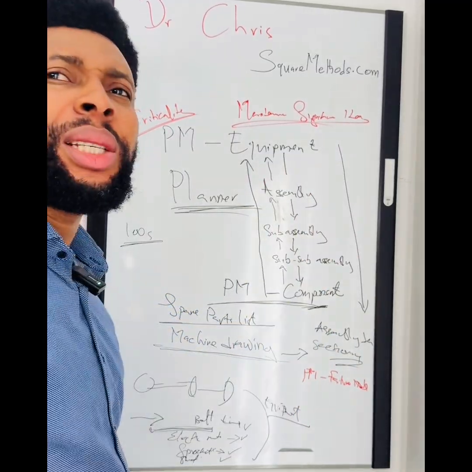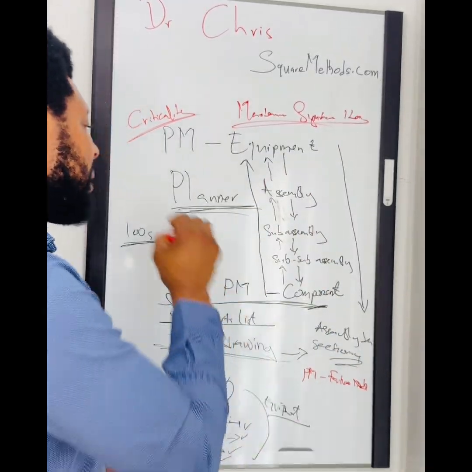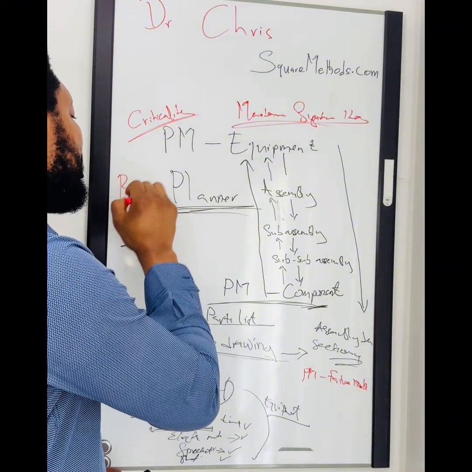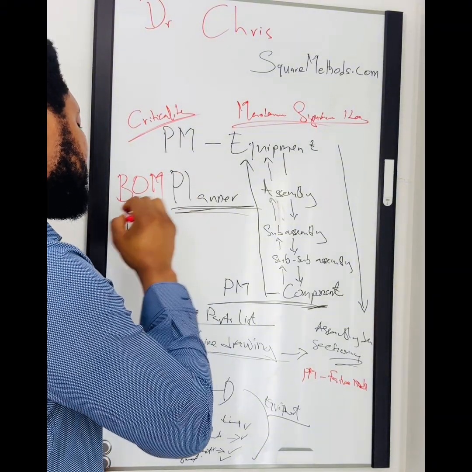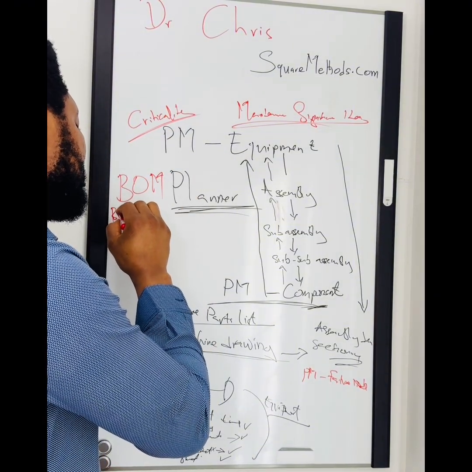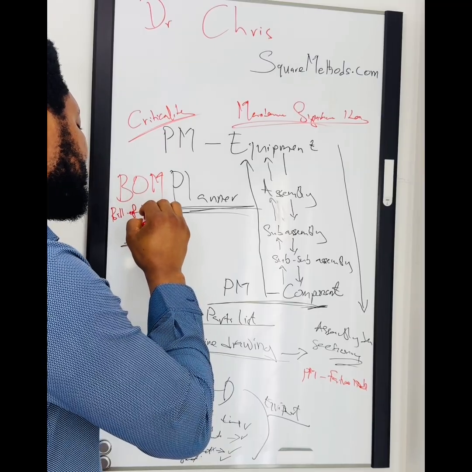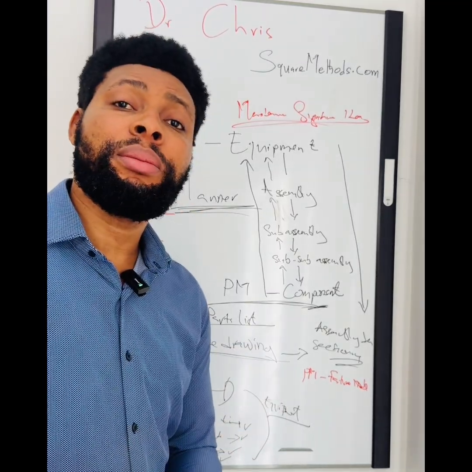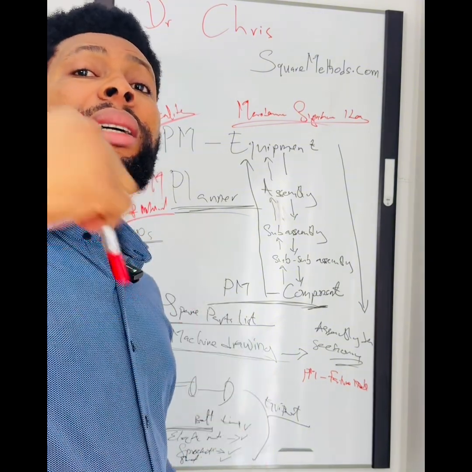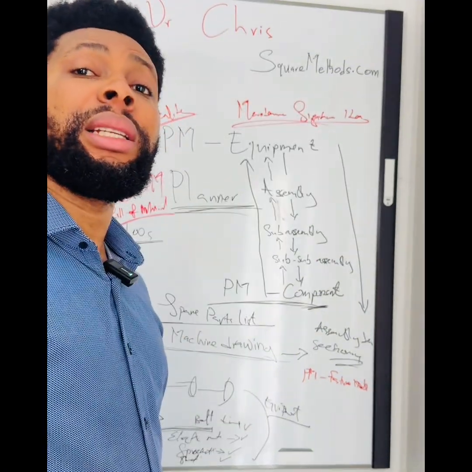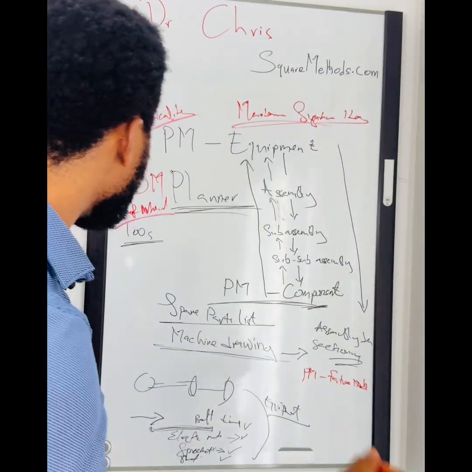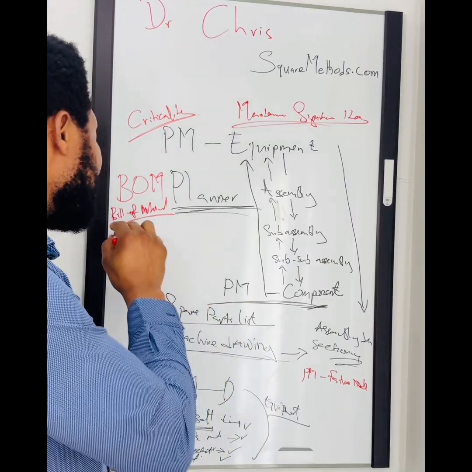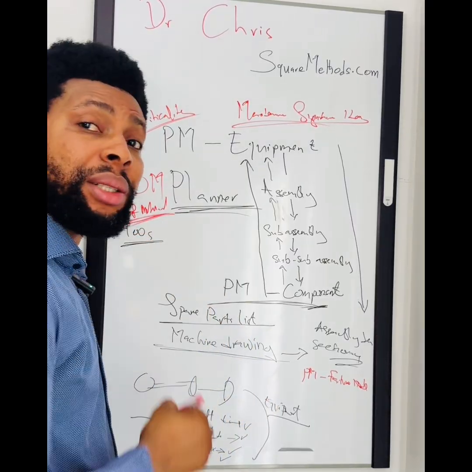we actually do this without knowing. If you use a CMMS, there's what we call the BOM, which is your bill of material. The planners usually create this BOM so that they can easily replenish these parts. What it means is that these parts are prone to failure.